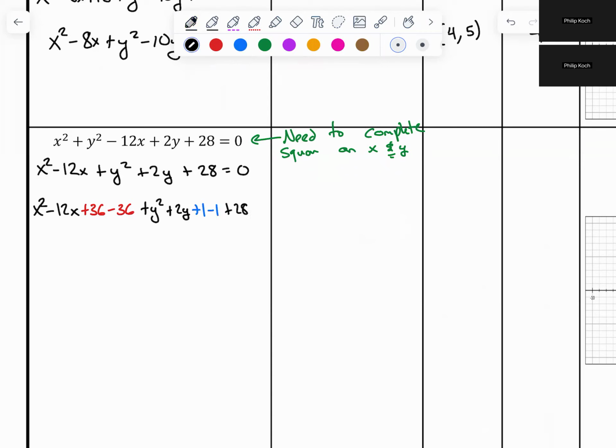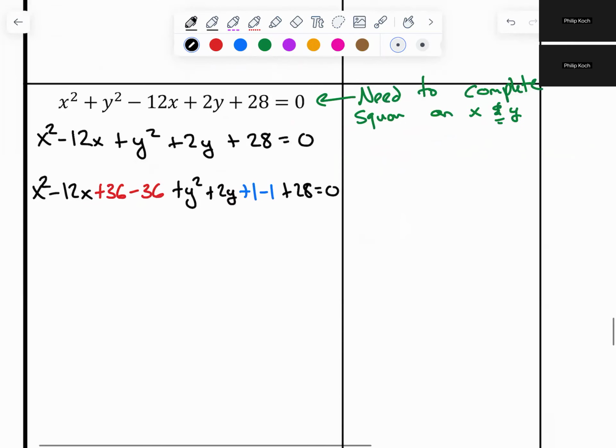Then plus that 28 equals 0. Zoom in just a little bit so you can see it easy. X squared minus 12x plus 36 and then minus 36 because the b over 2 would be negative 6. Squaring that gives 36. Same thing for the y's.